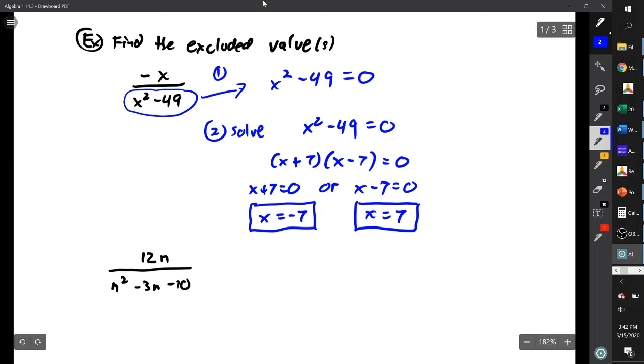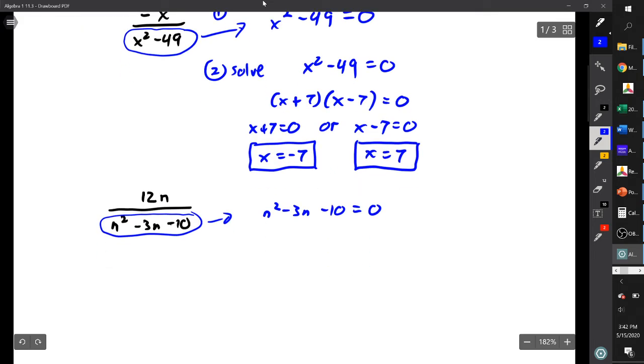All right, we grab the denominator, and we set it equal to 0. So I'm going to say n squared minus 3n minus 10 equals 0. Now I solve. All right, so we want to factor this. I have a 1n squared, so that means I can just look for what two numbers multiply to be negative 10 and add to be negative 3.